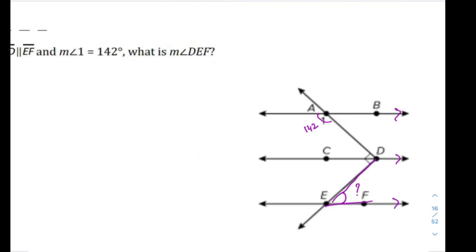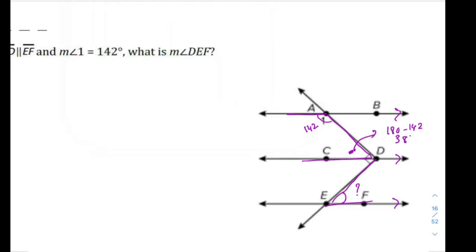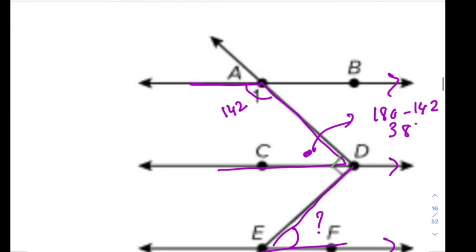So let's start from here. Now, if you know that this is 142, this angle forms consecutive interior angle with that one. So starting with this is 180 minus 142, which is 38. So this is 38, done. Now I will change the color. Both angles together form right angle.